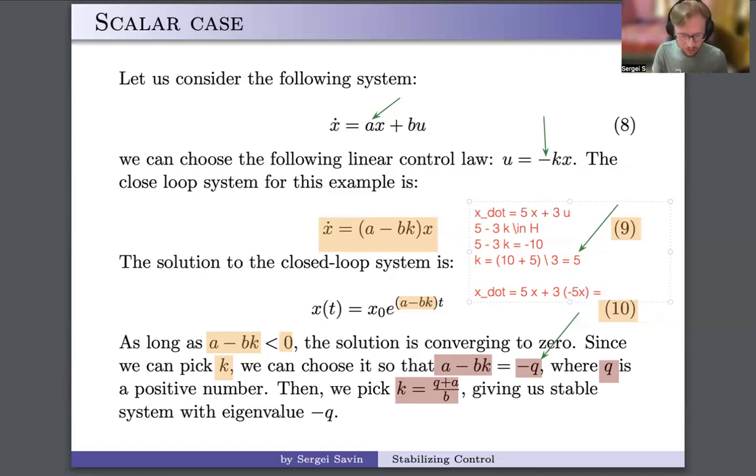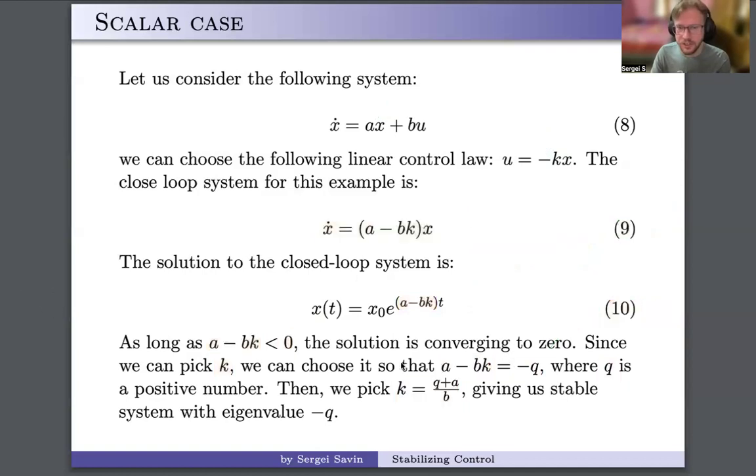Which is the same as 5 minus 15 x, which is the same as minus 10x. And you can see we achieved exactly what we wanted. So this minus 10, that's exactly what we have here. That's the eigenvalue of the closed loop system. Okay, so relatively easy in this example, right? We can just make a formula how to compute k given the eigenvalue of the closed loop system that we want.